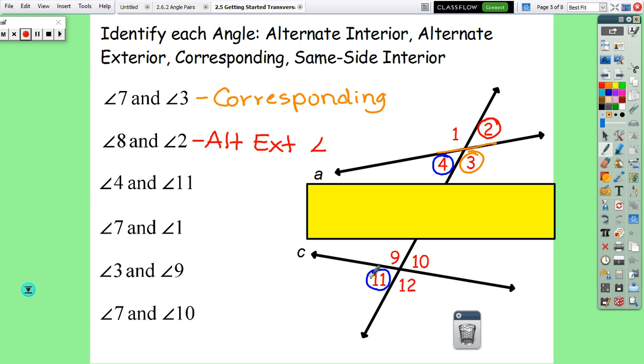Okay, so 4 and 11, again, if these are the 2 lines that we're talking about here, they're not both interior and they're not both exterior. And they're also not on opposite sides of the transversal. So we can automatically eliminate alternate interior, we can eliminate alternate exterior, and we can eliminate same side interior because they're not both on the inside of these 2 lines. So that means that they would have to be corresponding as well.